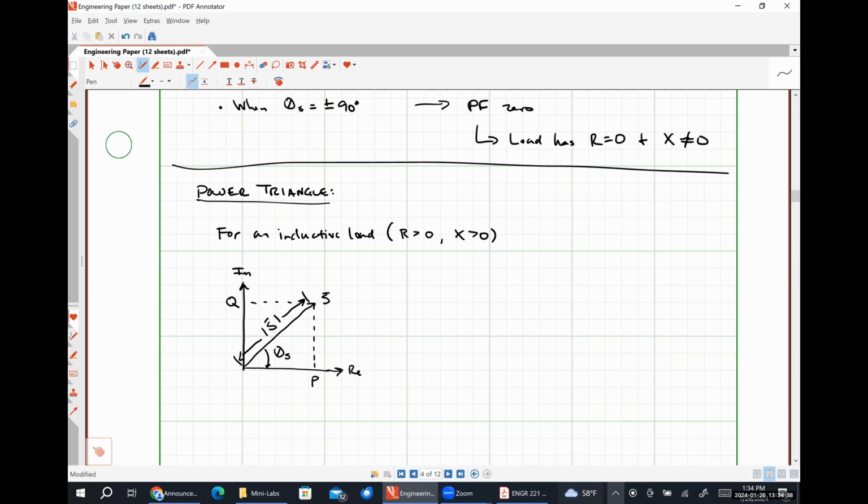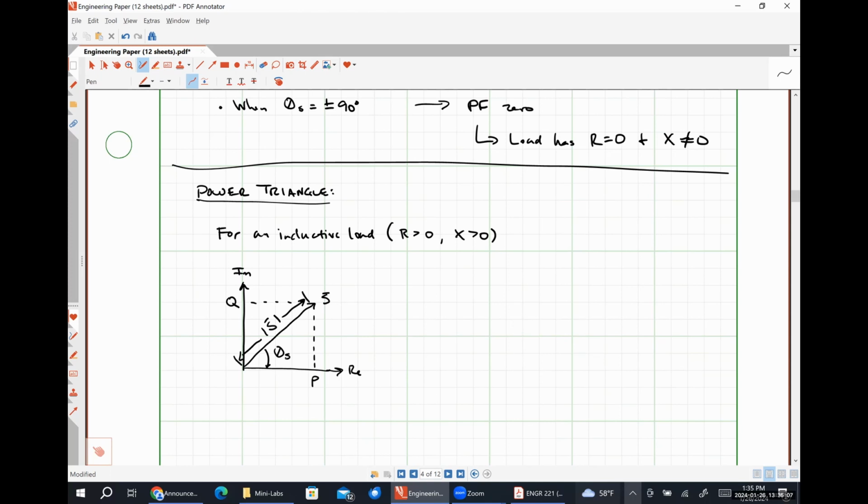So all a power triangle does is reinforce the relationship that the real part of complex power is average power. The imaginary part of complex power is reactive power. The magnitude of the complex power is the apparent power. The angle of the complex power is the power factor angle. It's literally the same material we covered a while ago, except it's represented in a graphical form.